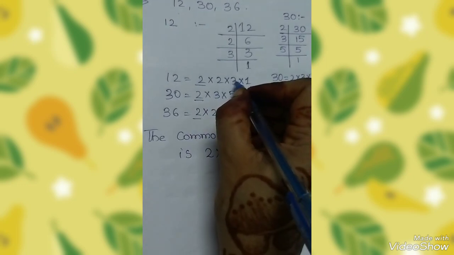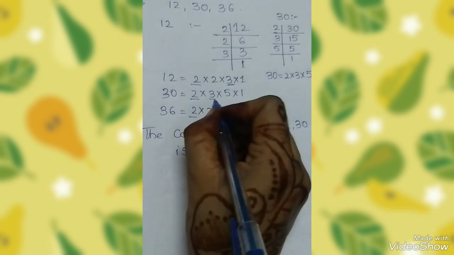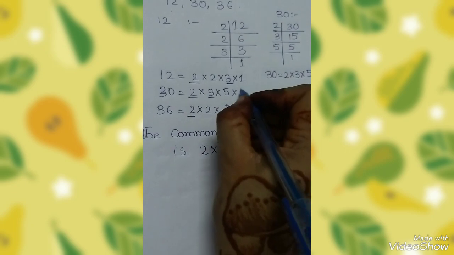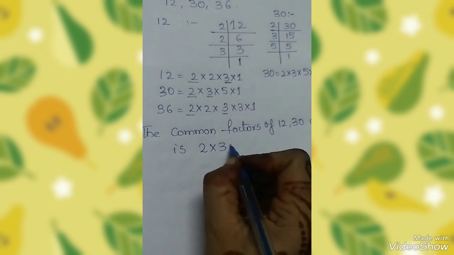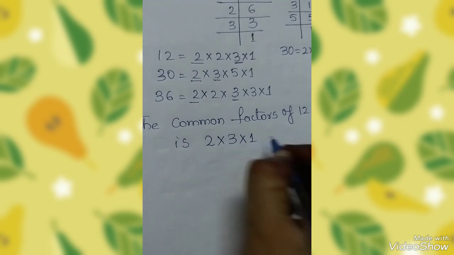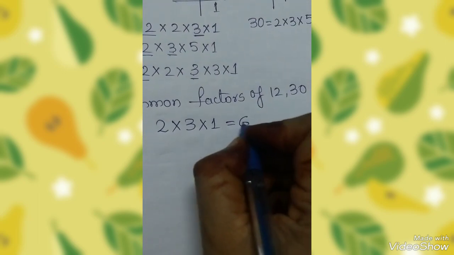So now see 3. 3 here, 3 here and 3. So write down 3 common for all. And next 1 is common for everyone. Write down or don't write, okay, 2 into 3 into 1. So now product of 2 into 3 into 1 is 6.